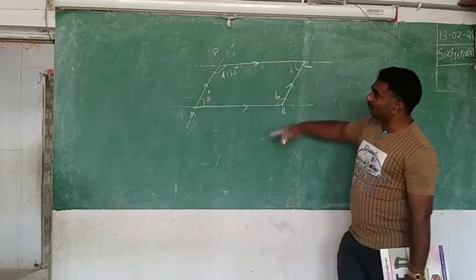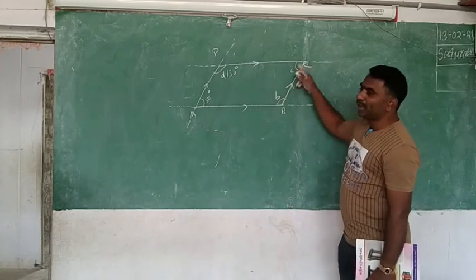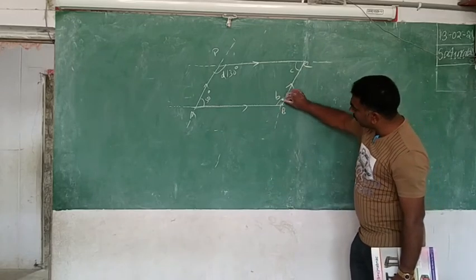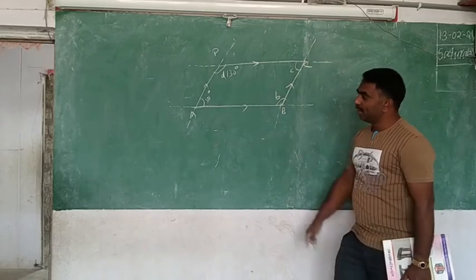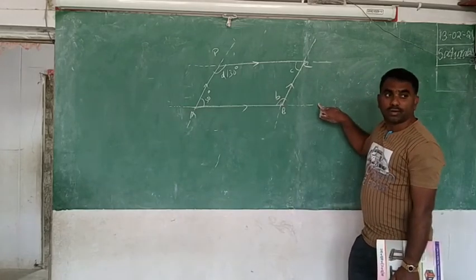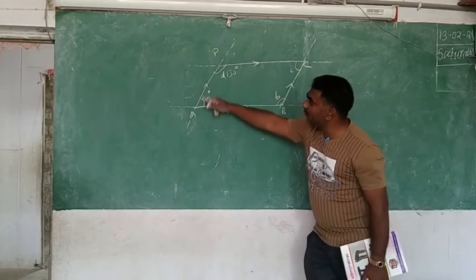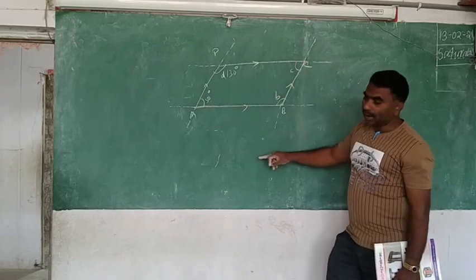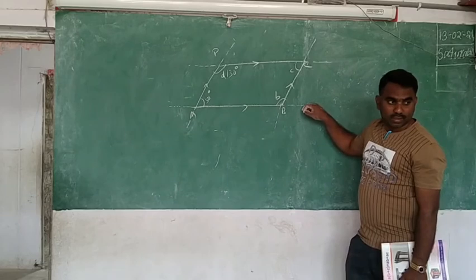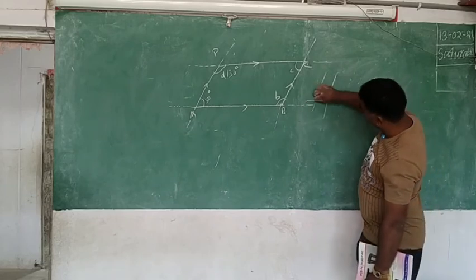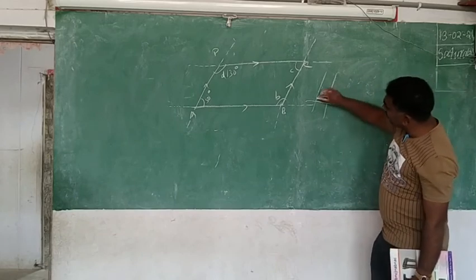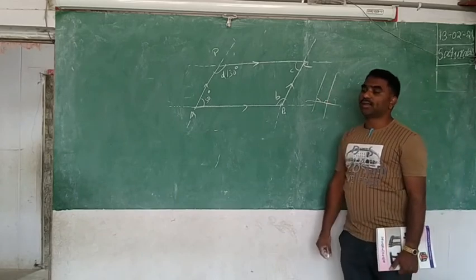Okay, now that two are completed, but these two are both unknown only, no? That's why you can't say. But observe carefully. This is also a transversal, no? These two are lines and this is the transversal. Now, these two angles, what are they called?